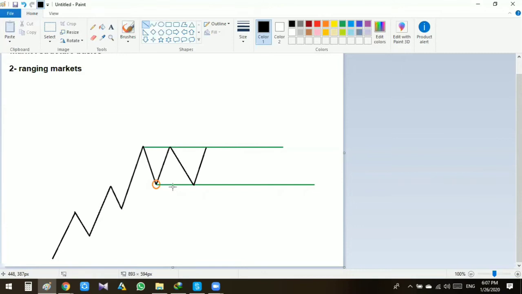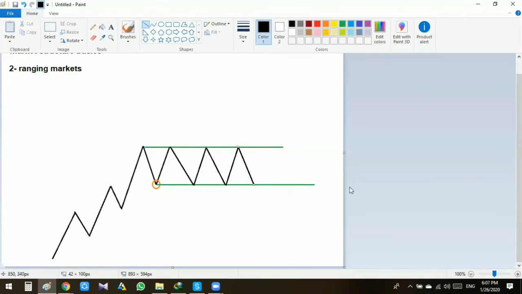After that, you can see price will reject the last high level and come down to this strong support again. And yeah, it is making ranges.